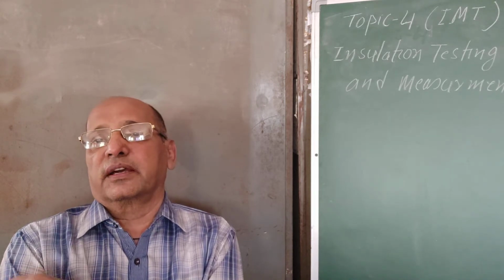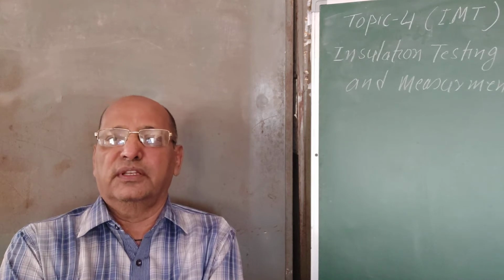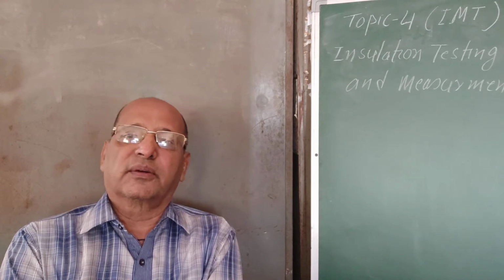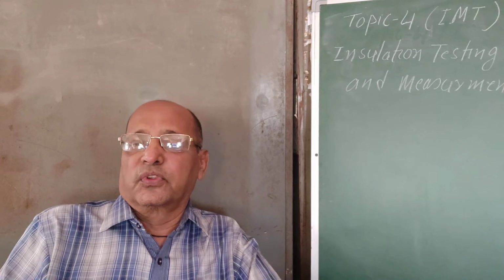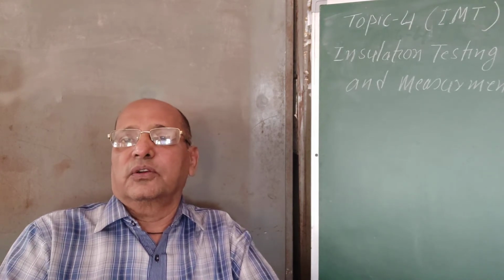Normally the Megger has two end readings, 0 and infinity, and in between the values are calibrated in megaohms. The infinity reading is obtained when there is an open circuit.